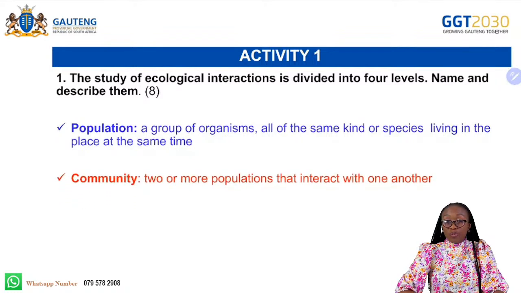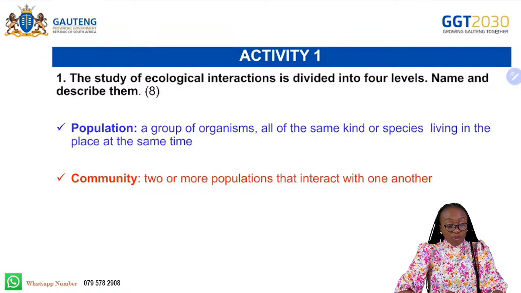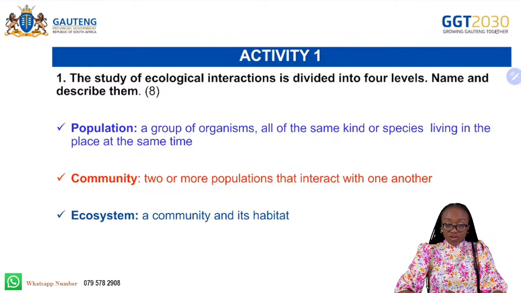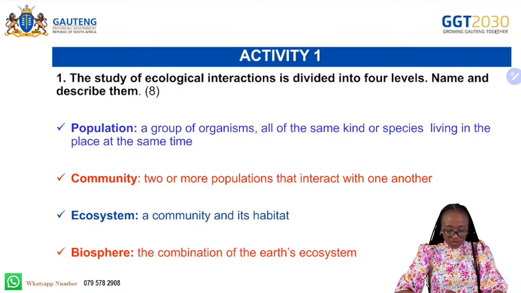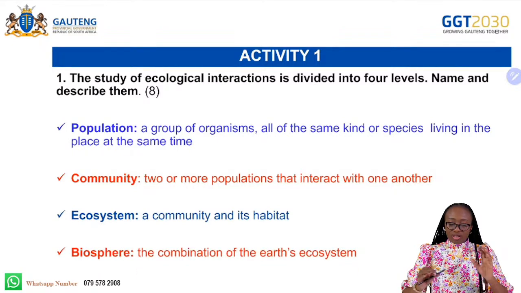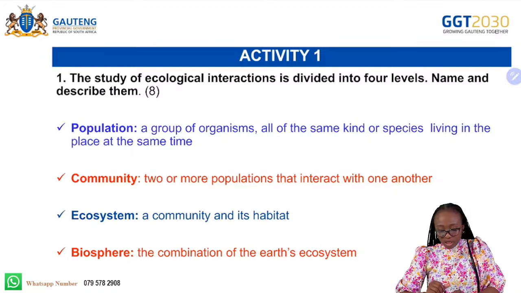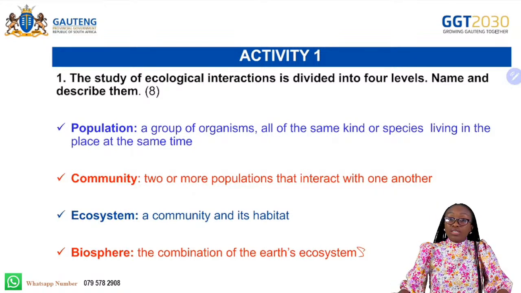Then we've got community, 2 or more populations that interact with one another. Then we've got ecosystem, a community and its habitat. And then lastly, biosphere. This is a combination of the Earth's ecosystems.